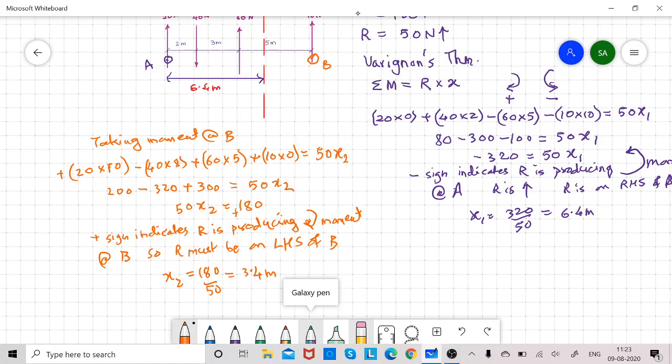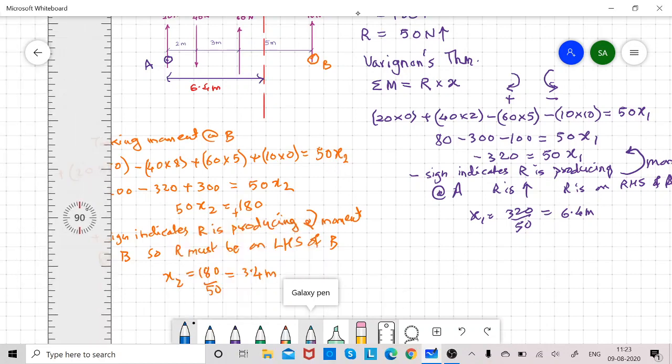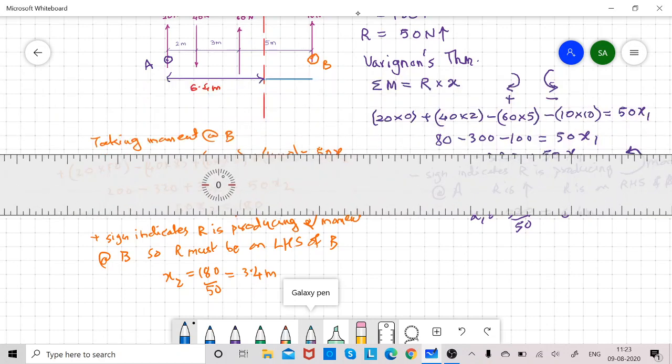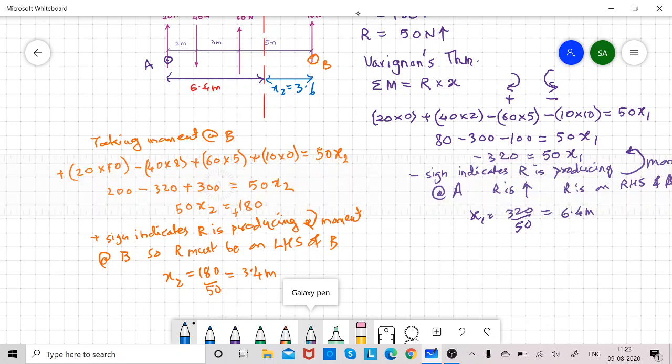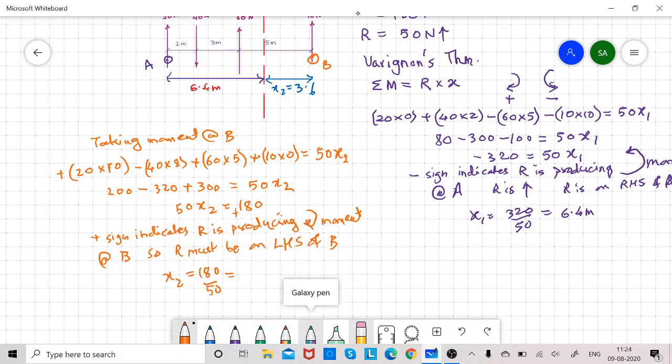So from B the distance of the resultant, x2, is 3.6 meter, not 3.4, it is 3.6 meter. 180 divided by 50, it is 3.6 meter.